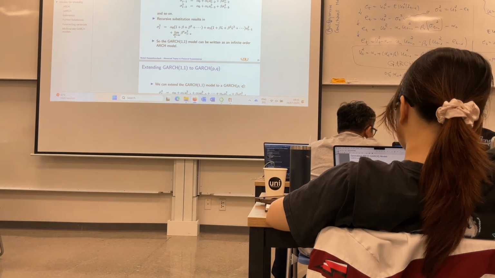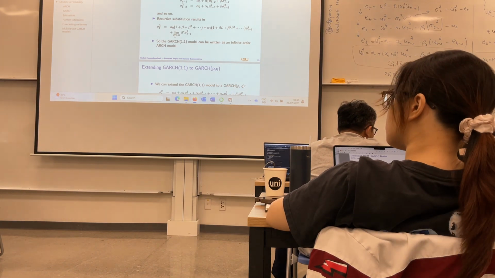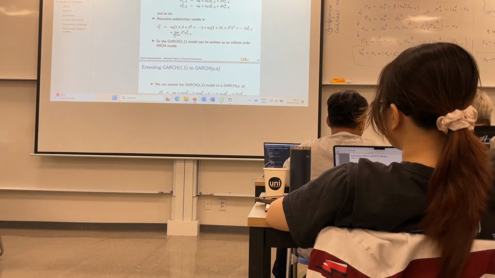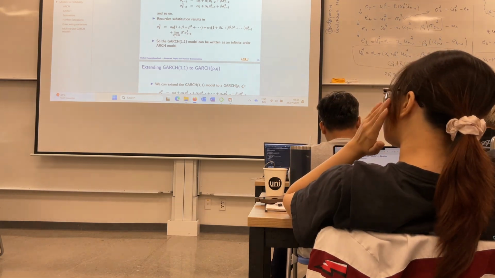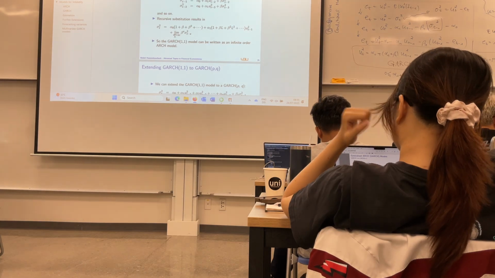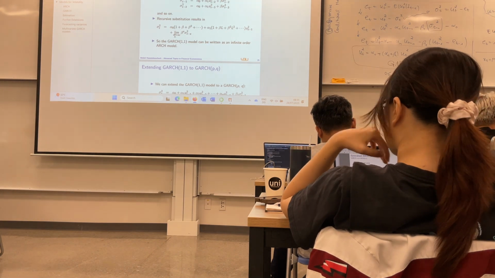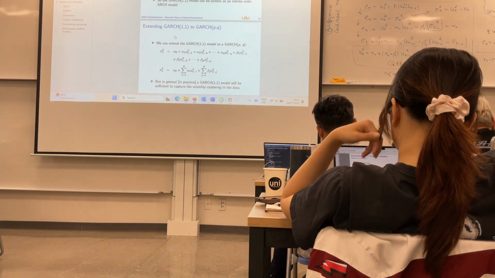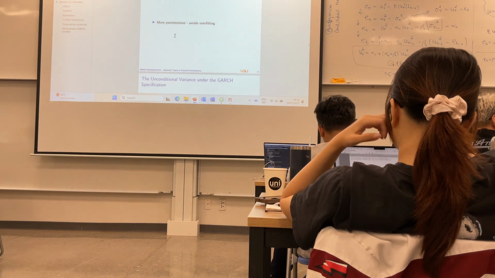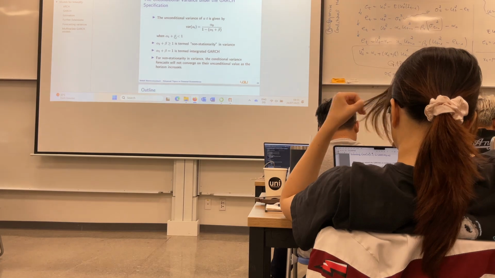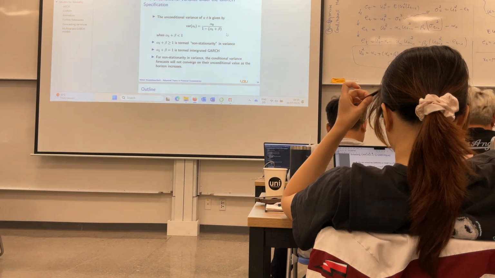That's like saying an AR1 model is an infinite MA. That's what we know, so here it is the same: a Garch model is an infinite Arch model. So we have Arch 1, 1, Arch 2, more parsimony as I just said. We will come back to this.